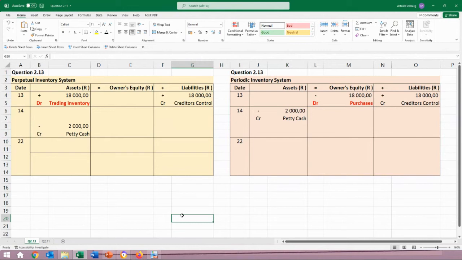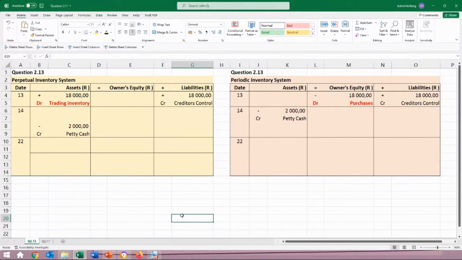Do I account for it as an asset? Do I take it to an expense account? What do you guys think? Okay, so let me repeat that.